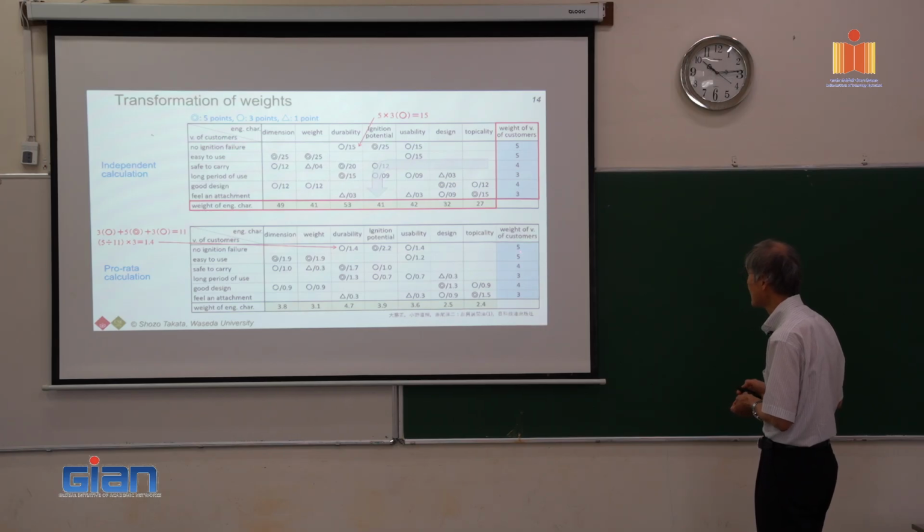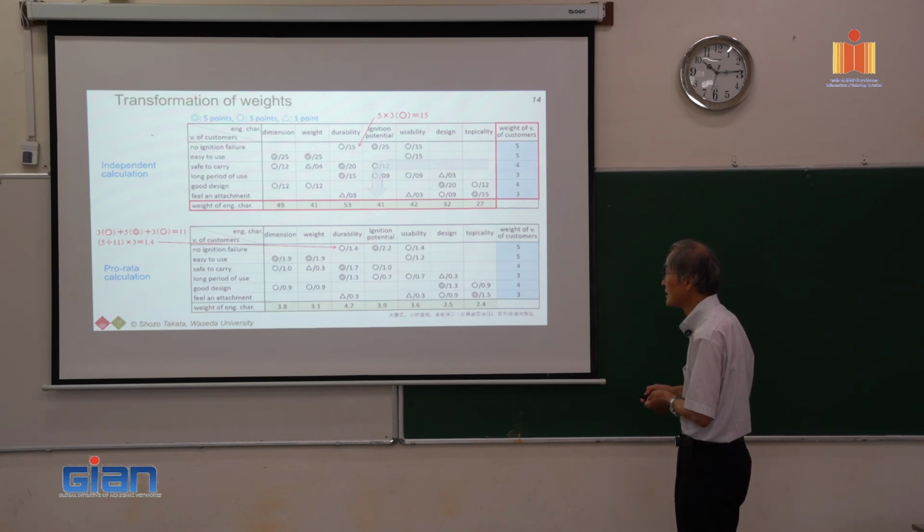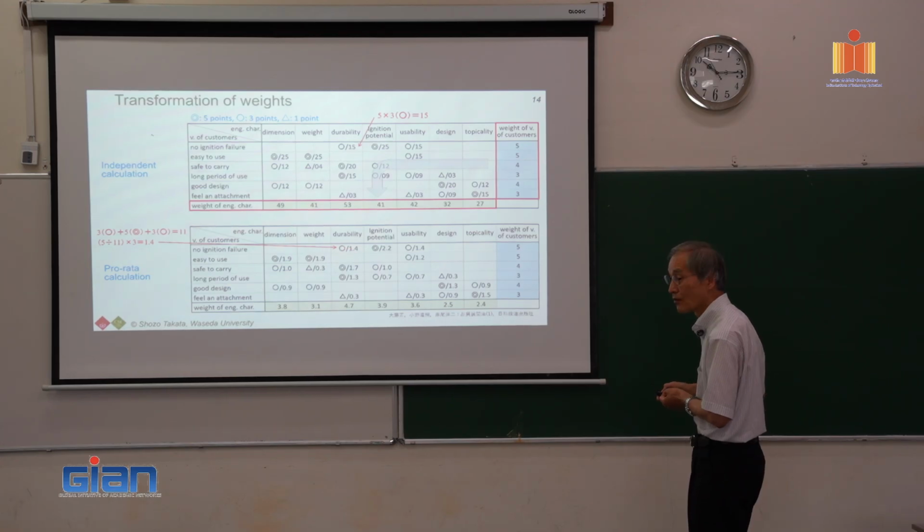This is the way to distribute 5 points to each mark. In this case, a single circle, a double circle, and a single circle make the sum of 11, and this weight is divided by 11 multiplied by 3, which makes 1.4.